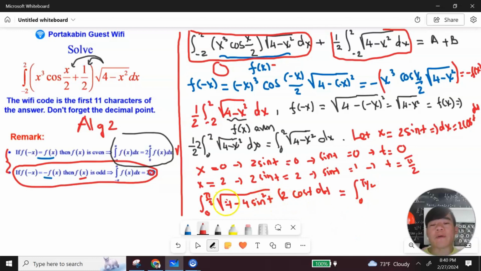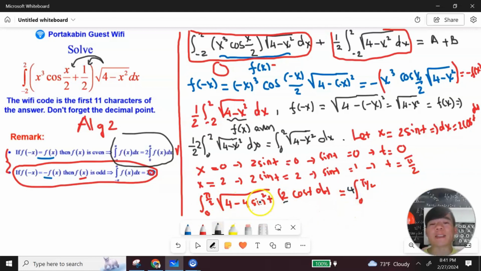Next one equals the integral from 0 to pi over 2. Now 4, I just factor 4 out. I print 4 outside, and then I combine with 2 right here. 2 times 2 would be 4, so I put 4 right here.